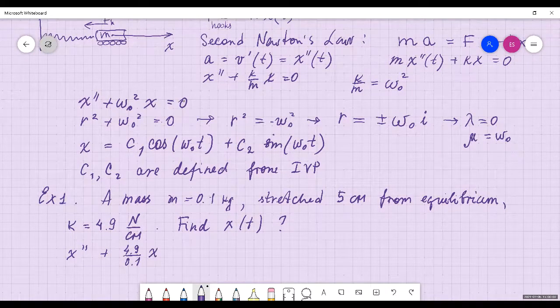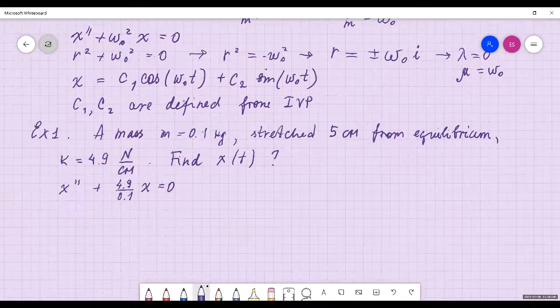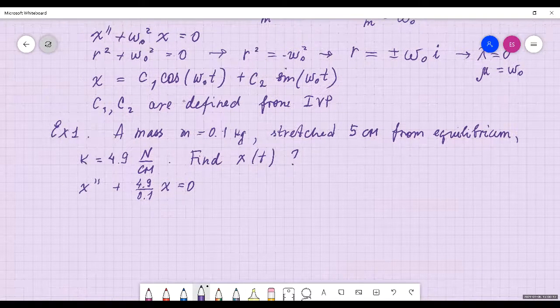That's a differential equation, right? They tell us that it was stretched 5 centimeters from equilibrium. They don't tell us the direction, so we are free to choose what direction we move it from the equilibrium position. I'm going to draw a picture.